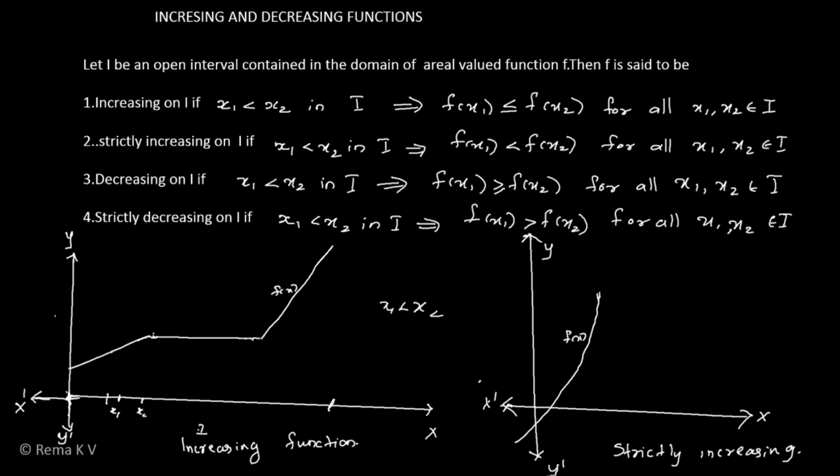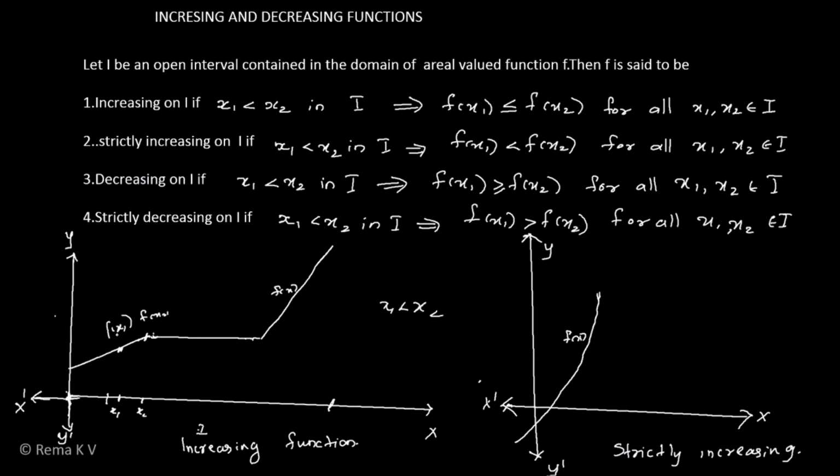Now listen, in this one, if this is x1, this point gives f of x1. If this is x2, its corresponding value of the function is f of x2. And you know that as we move from bottom to top on the y-axis, the value of the y-coordinate increases.